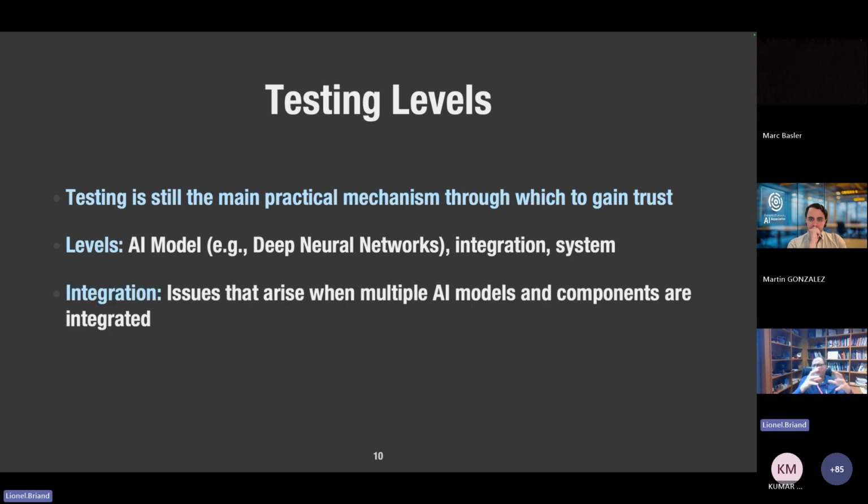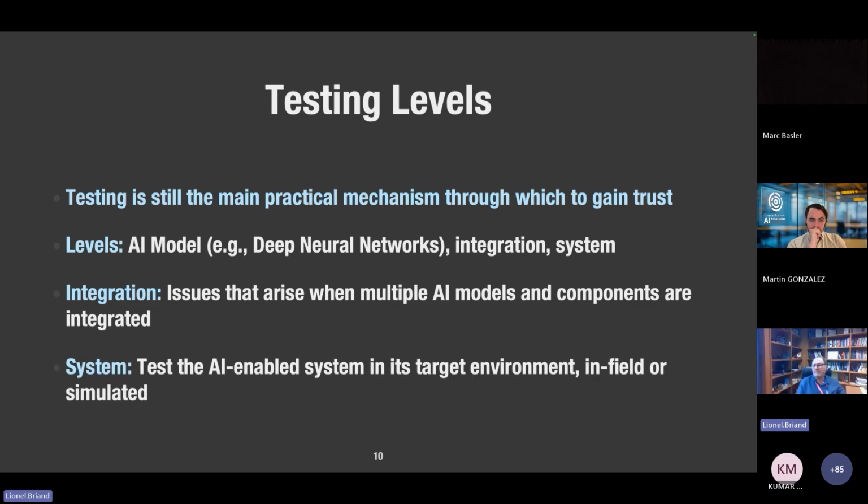As I said, you can test an AI model in isolation, like a deep neural network, or you can do integration testing, system testing. And here you are looking for different types of faults and problems. Today I will only show examples of testing deep neural networks and system testing.